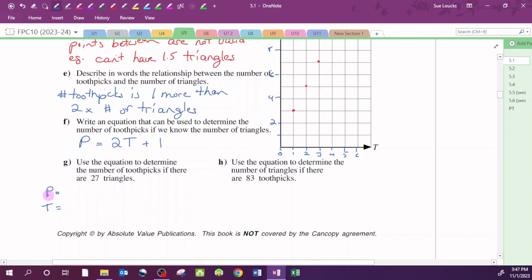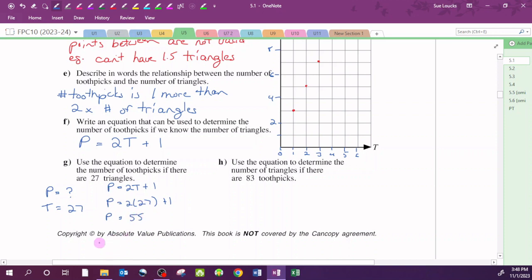My 2 variables are P and T. And which of those do I know? Well, I know I've got 27 triangles. And it's asking me to find P, so I'm going to put my question mark there. And then when I write out my equation, P equals 2T plus 1, well, I don't have a value for P, that's what I'm looking for, and I can replace my T with 27. So I get P equals, that's 55.